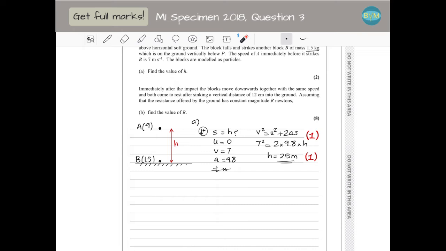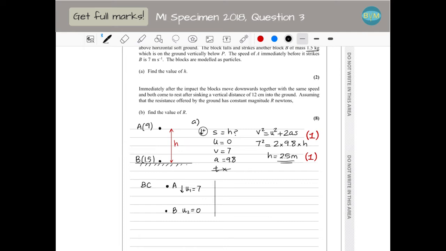Initial velocity is the one that we are going to find. This is a collision question. So we have, before collision, one particle A moving with an initial velocity of 7 meters per second, and we have a particle B with an initial velocity 0, because the one that is on the ground is still.